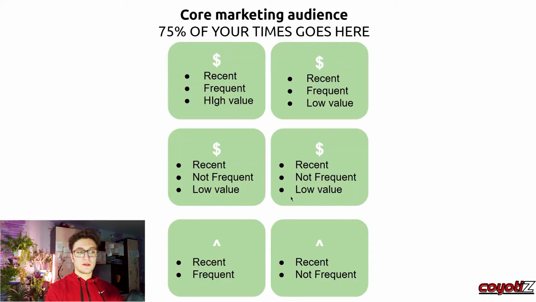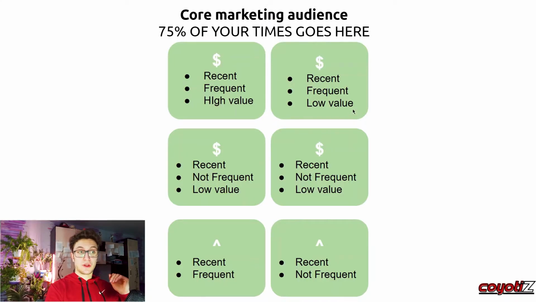Now, just so you know, it goes in a Z kind of shape. So left to right, left to right, left to right. The second quadrant would be people who buy recently, buy frequently, but don't necessarily buy the most expensive stuff off of your store. I'll explain your goal a little bit later in this presentation.